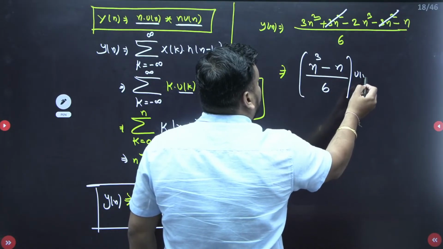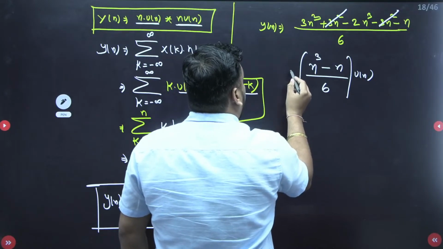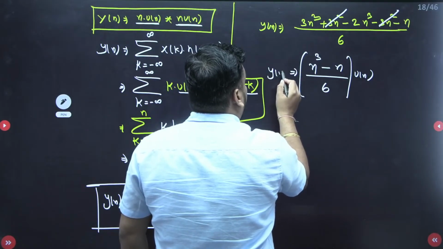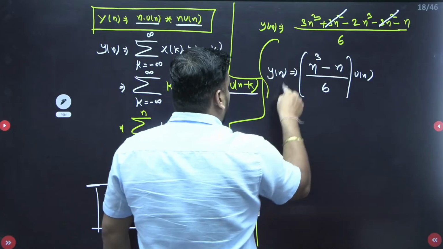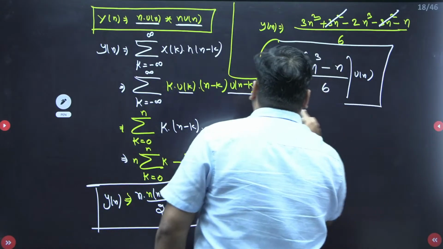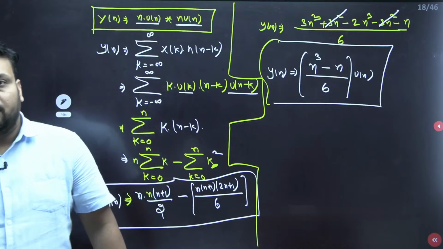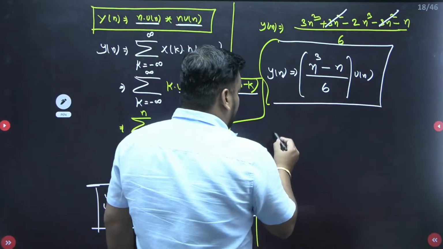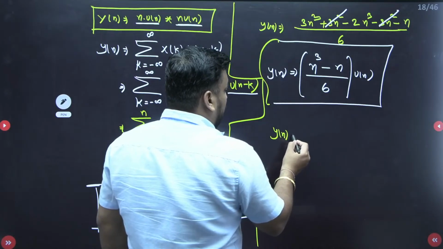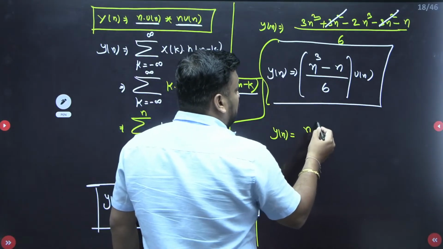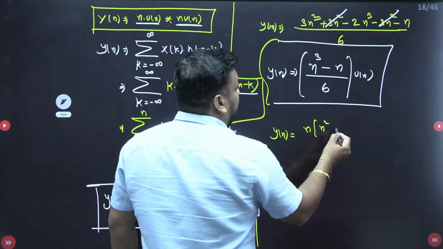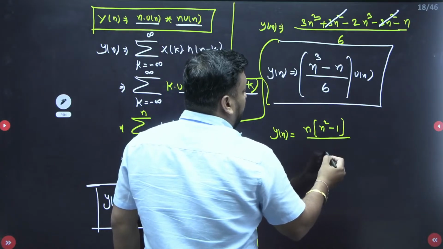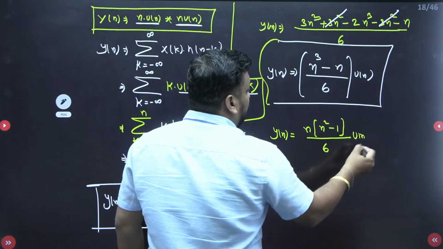Is it clear or not beta? Are you also getting the same? Just reply yes or no. Just check your calculation. Here you can also write it in a short form: you can take n common outside, so inside the bracket you are left with n square minus 1 upon 6 into u of n.